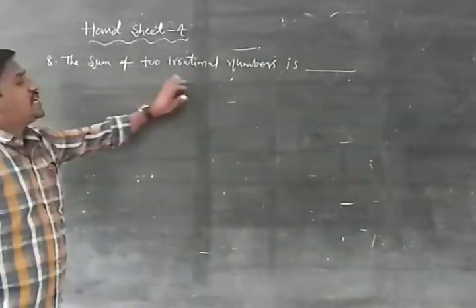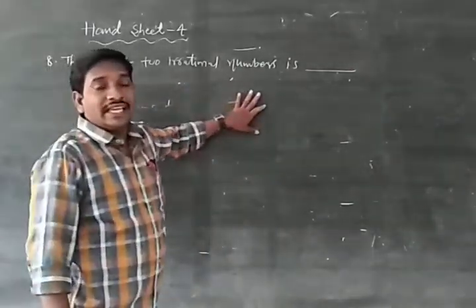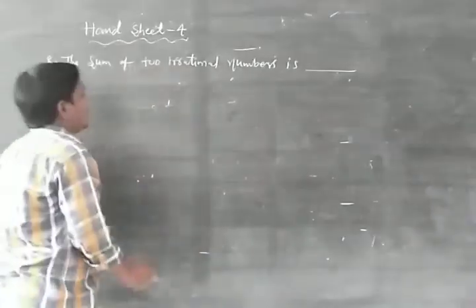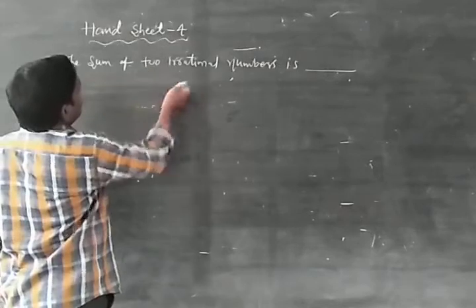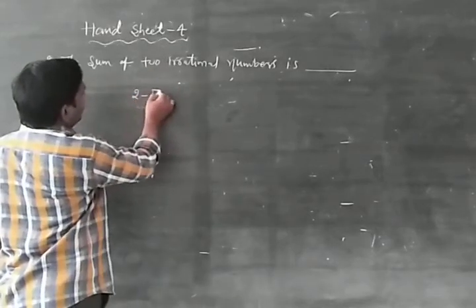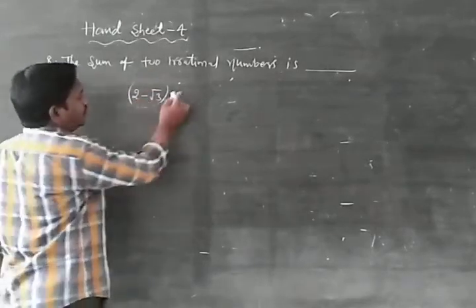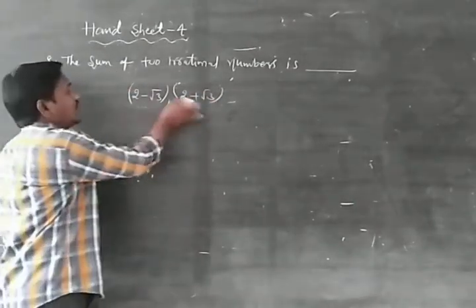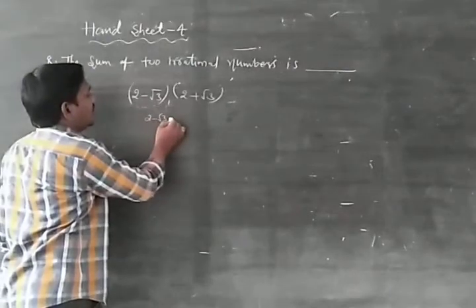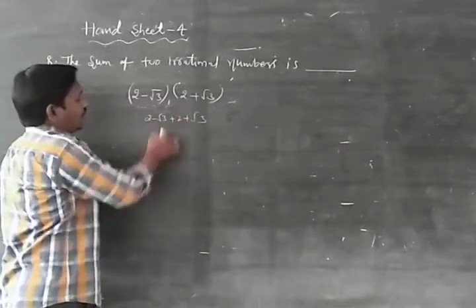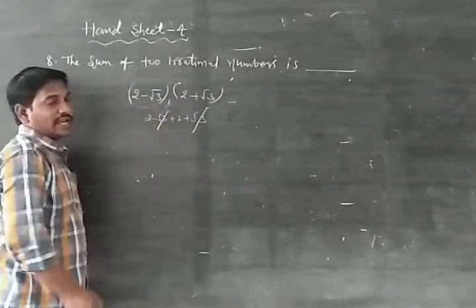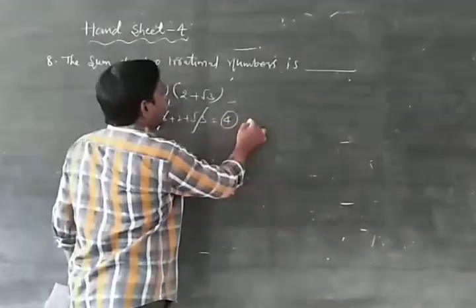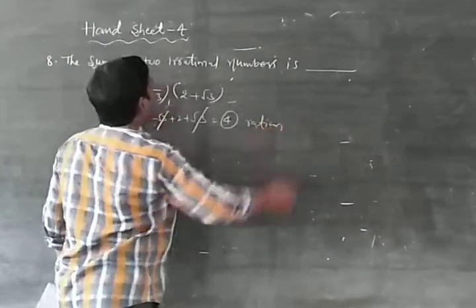The sum of two irrational numbers may be rational or irrational. For example, take the two irrational numbers 2 minus root 3 and 2 plus root 3. The sum of 2 minus root 3 plus 2 plus root 3: minus root 3 and plus root 3 both cancel. 2 plus 2 is 4. 4 is rational.